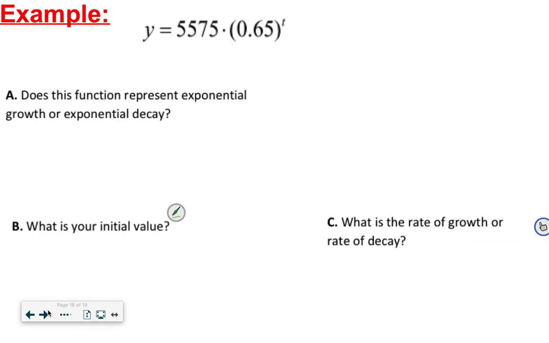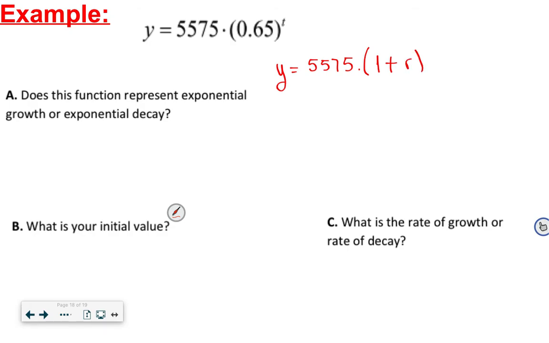Next question. Does this function represent exponential growth or exponential decay? Ladies and gentlemen, to be able to understand exponential decay or growth, you need to determine the exponential ratio and exponential factor. What does that mean? y is equal to 5,575 times 1 plus something. This is r.